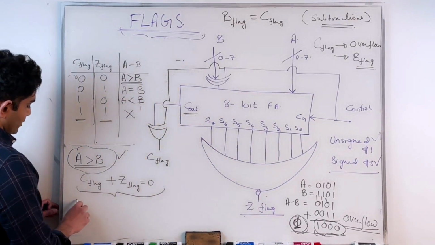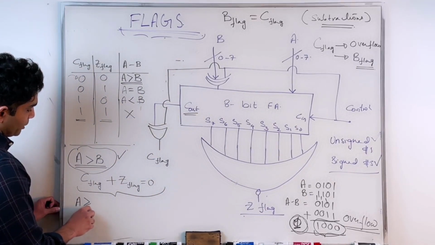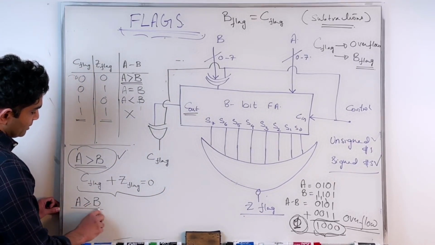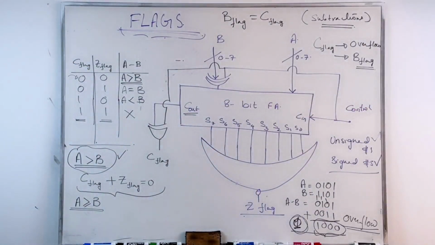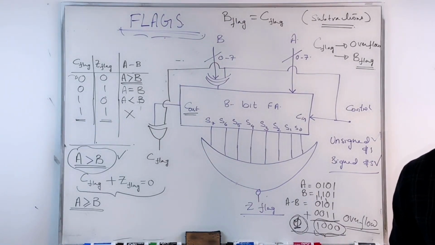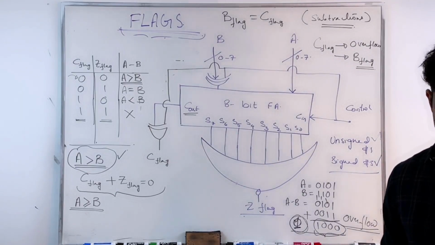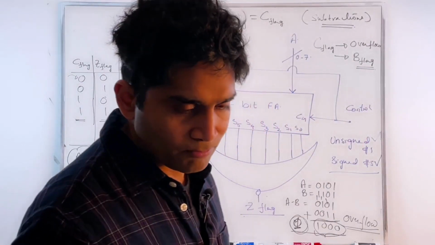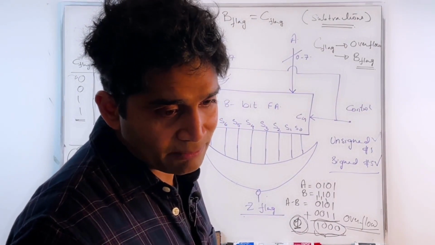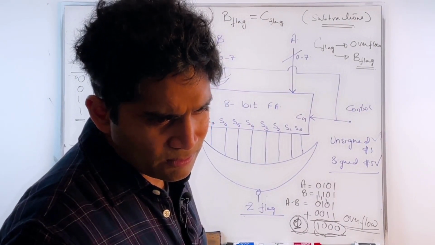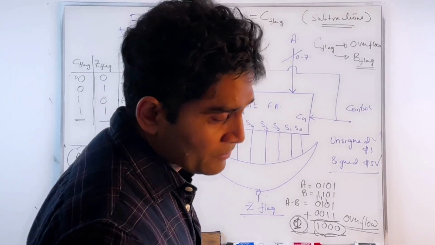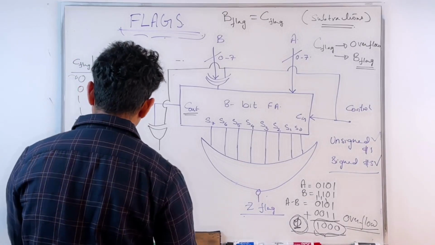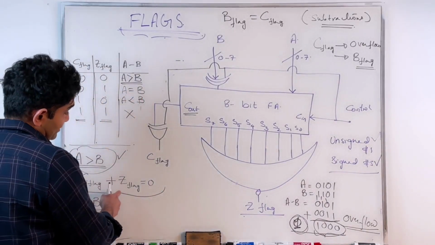Now what about A larger than or equal to B? What condition should I check for this case? What combination of flags should I be checking for that condition? In this case, my C flag can be a 0. My Z flag can be a 1.